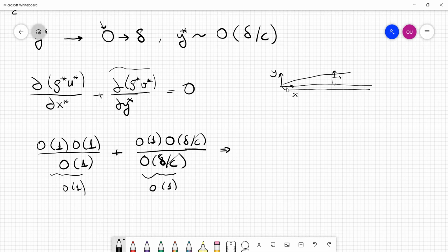We cannot do that. This order of magnitude analysis that we applied for a thin boundary layer does not result in any simplification for the continuity equation. So we have to keep all these terms. We cannot neglect any of them when solving the equation.